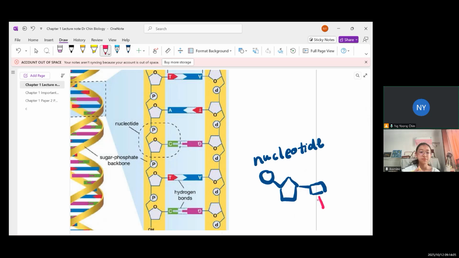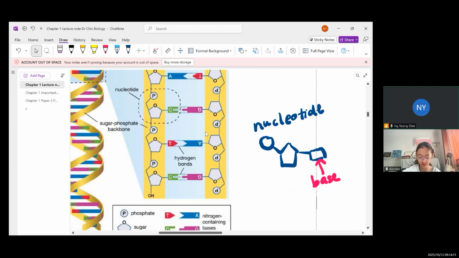So this will be the base, which is what we mentioned, the sequence of the nucleotide base. And then they have the pentose sugar, and this one will be the phosphate group.